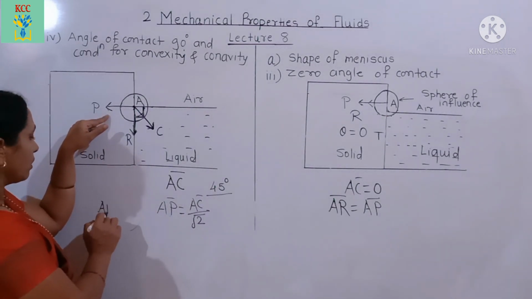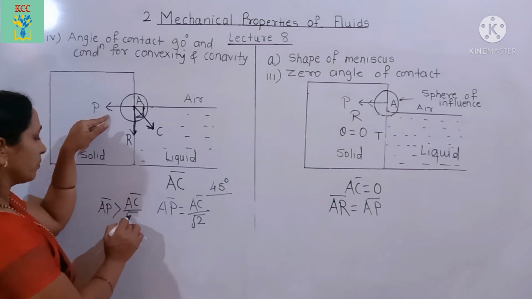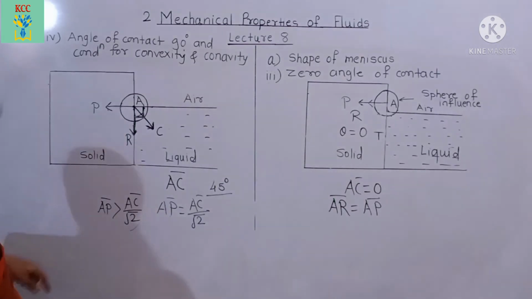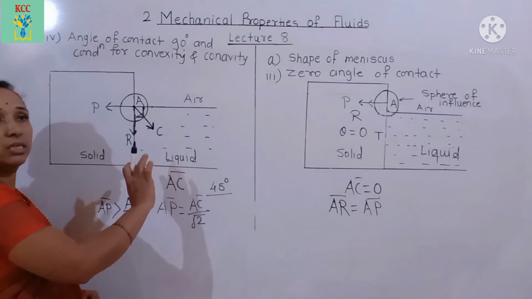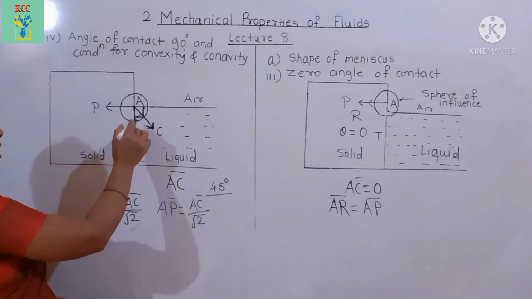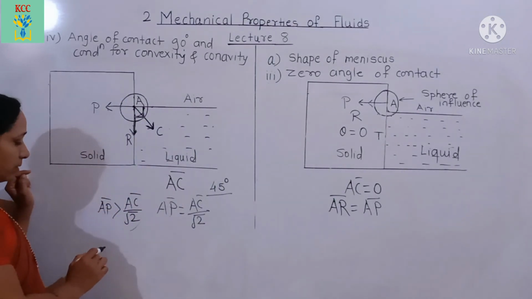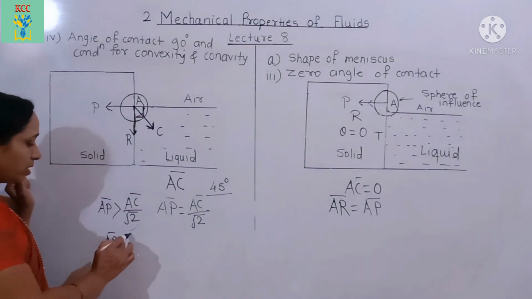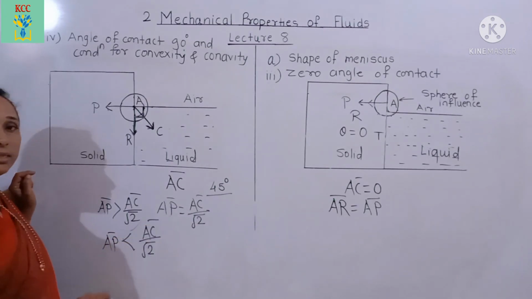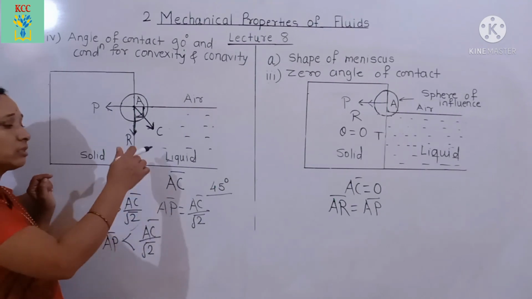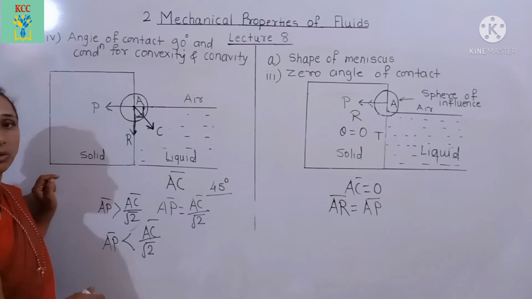If AP bar is greater than AC bar upon under root 2, then the contact surface is concave and the angle of contact is acute. And if AP bar is less than AC bar upon under root 2, then the angle of contact is obtuse and the surface is convex.